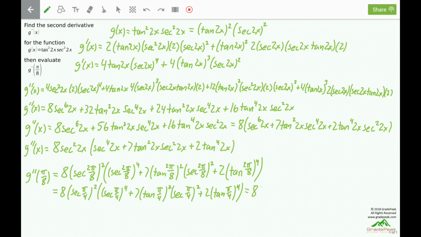So we have 8 times. Now the secant of pi over 4 is 1 over the cosine, the reciprocal of cosine. Cosine of pi over 4 is root 2 over 2. The secant will be the reciprocal of that, and that will be 2 over root 2. And we have that squared.